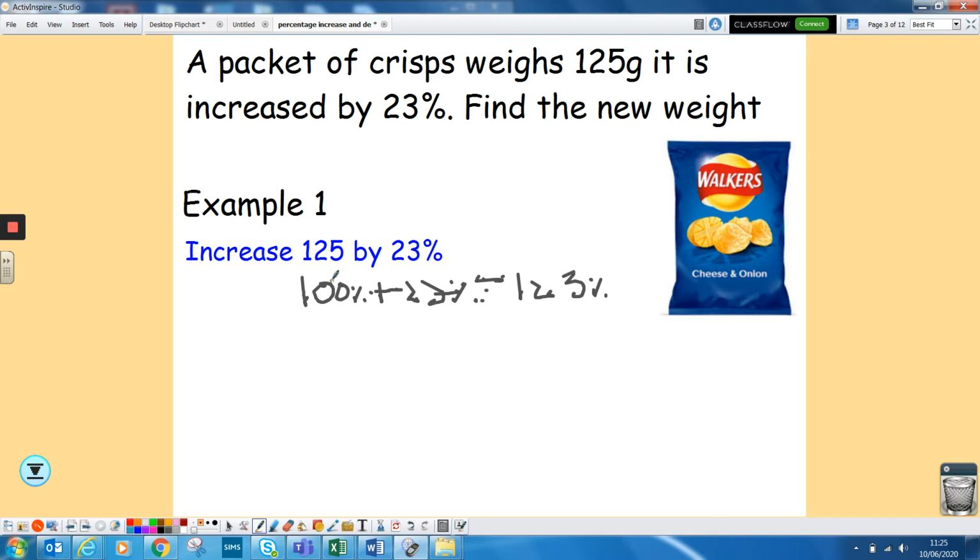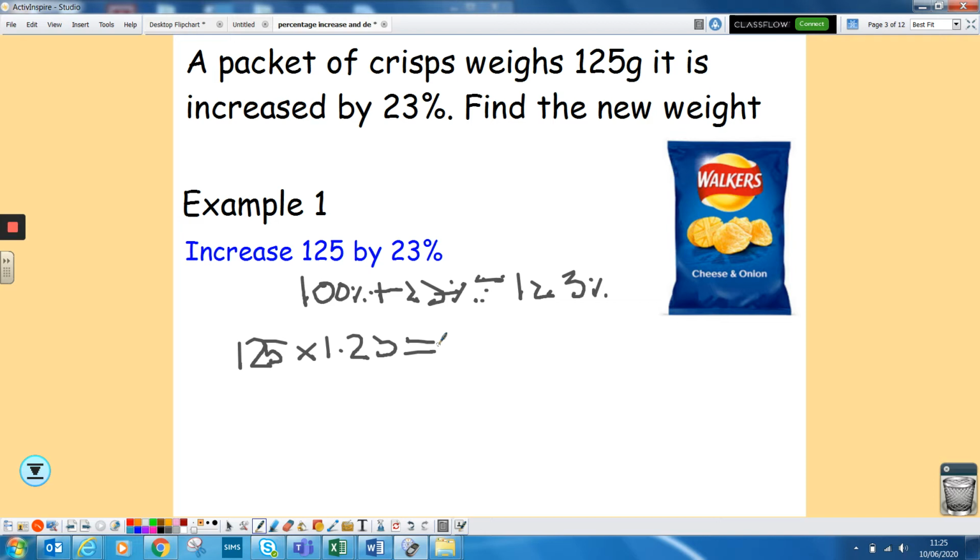We're going to start with our original value, 125, and multiply that by what's called a multiplier. This is a decimal, so 123% is 1.23.